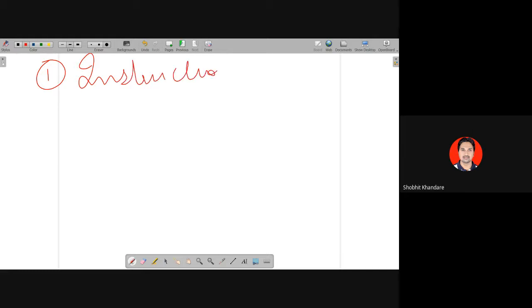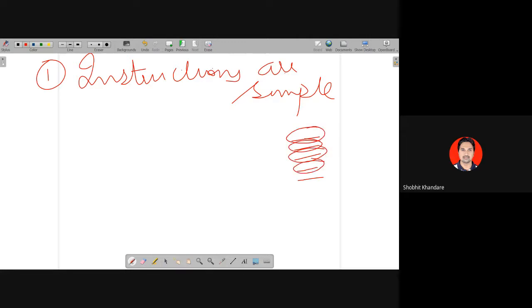What do you mean by instructions are simple? Suppose there are 5 instructions, 1, 2, 3, 4, 5. Every instruction is simple. It means to execute a single instruction, you would require one clock. Clock means these are the clocks.